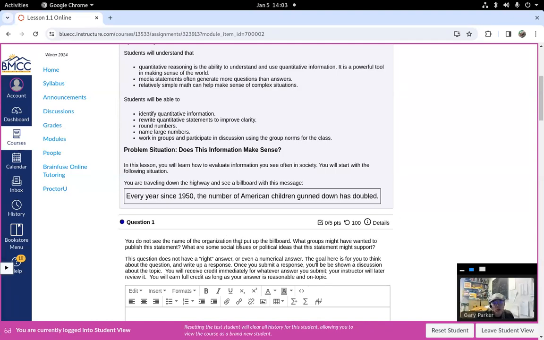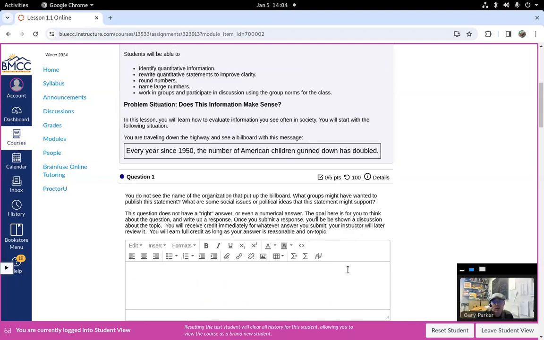Question here is, what groups might have wanted to publish this statement? What are some social issues or political ideas that this statement might support? Now, there's no right or wrong answer here, and we don't even have any numbers to work with. So again, what I just want you to do is take a moment and think about what groups might have published this statement and what issues are involved in the support of this statement.